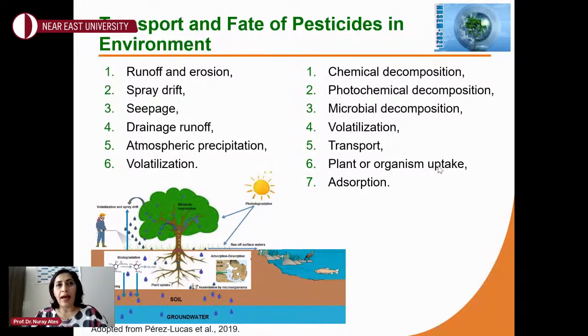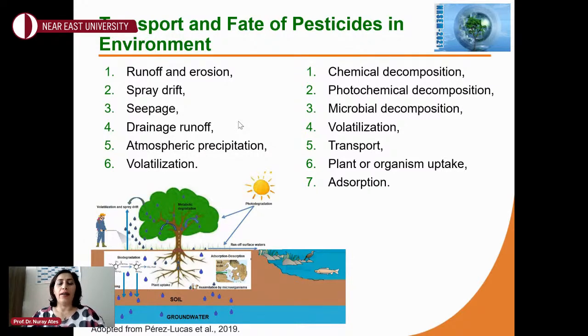When pesticides are distributed to the air, water, or soil, different mechanisms happen, and pesticides can be transformed or transported to other media. The most possible transport mechanisms are runoff and erosion, spray drift, seepage, drainage runoff, or atmospheric precipitation and volatilization.